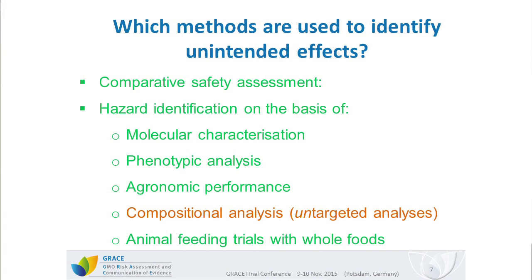Now we know that this approach of the animal feeding trials is not very sensitive, and therefore it was already advocated before 2013 to develop methods to look more detailed into the compositional analysis of the GM varieties and the control varieties, and to do this in an untargeted way, so to do a very broad assessment of the physiological parameters of the GM variety and the control variety using omics technologies.